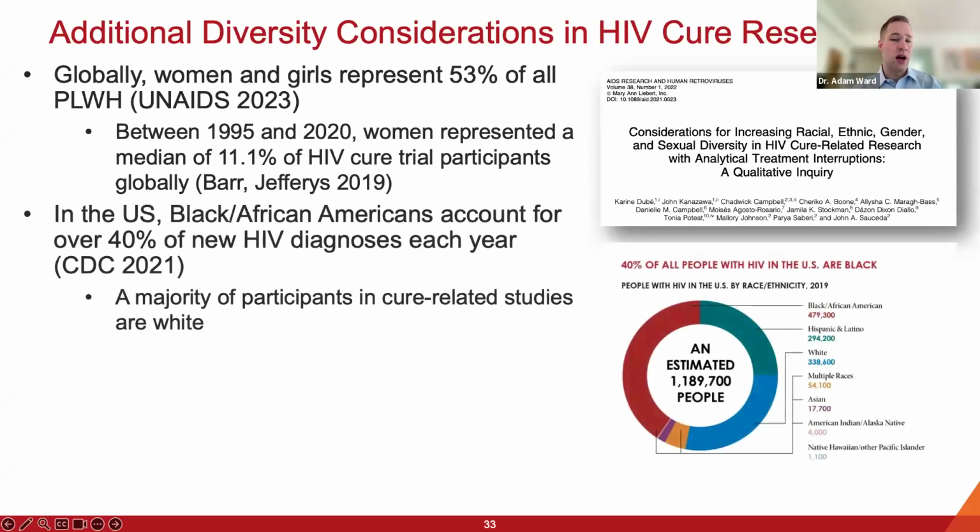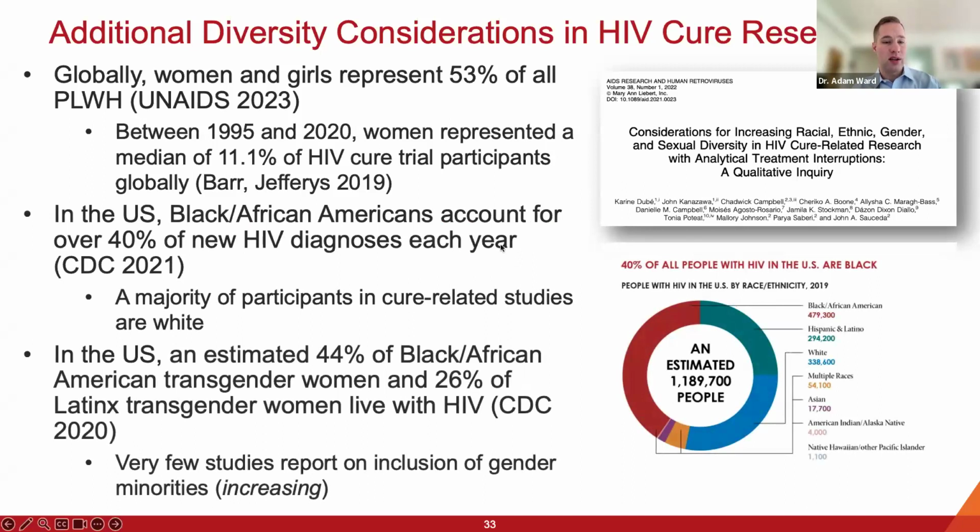In the United States, Black African Americans account for over 40% of new HIV diagnoses each year. This was according to CDC statistics in 2021. And also 40% of all people living with HIV in the US are Black. However, a majority of participants in cure-related studies are white.